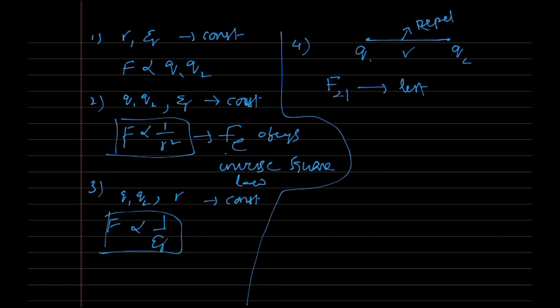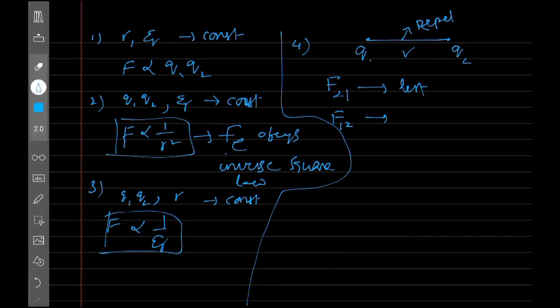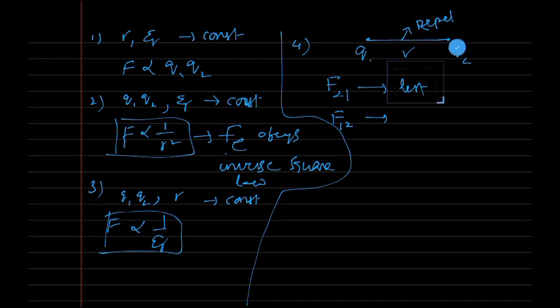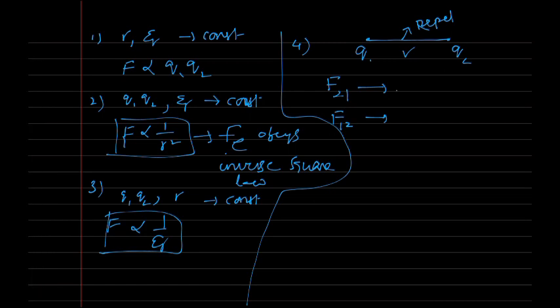So the q1 charge pushes the q2 charge towards the right. Similarly, the q2 charge pushes the q1 charge towards the left. And what about this force on 1 due to 2? That is to the left.